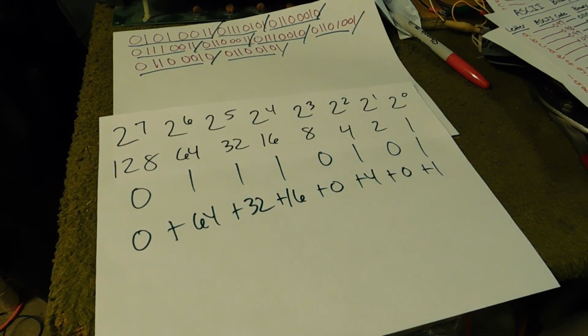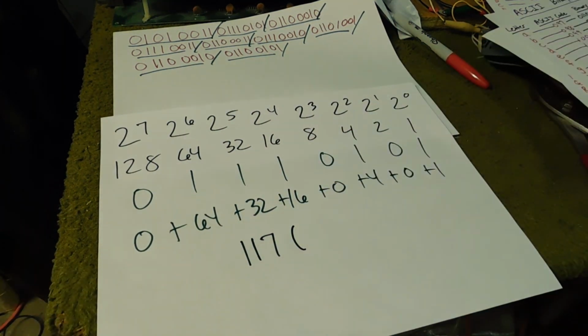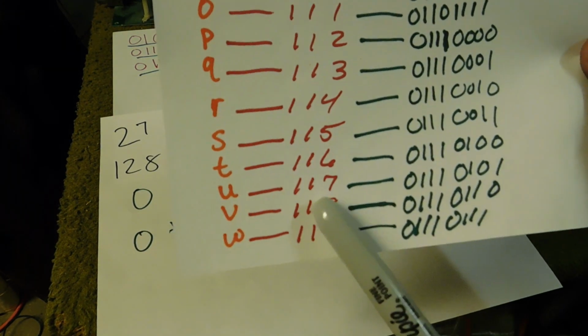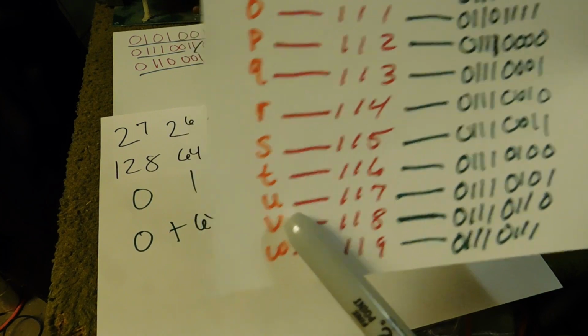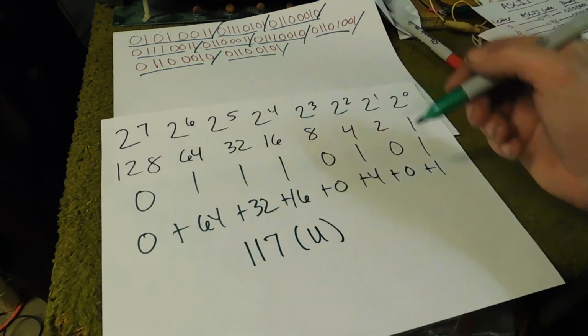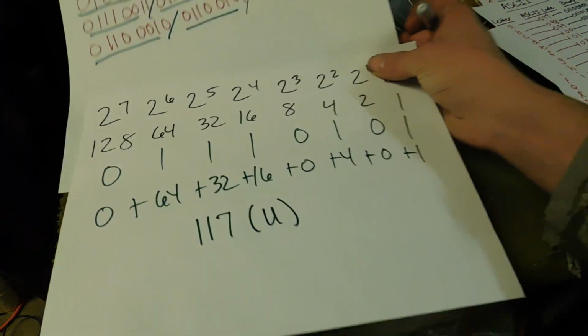Now, when you add 64 plus 32 plus 16 plus 4 plus 1, you're going to get 117. Okay? Now, when we look at our conversion table, 117 is the lowercase letter u, okay? That's how you'll do that. And I'm going to continue this same process with the rest of these, alright?